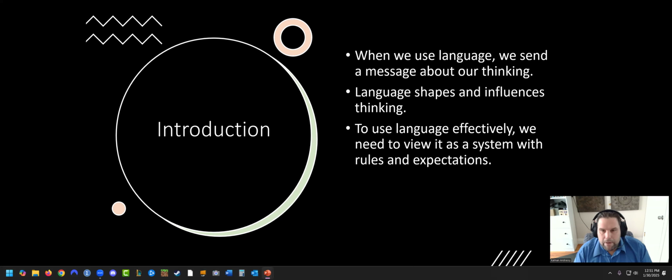And of course, to use language effectively, we need to view it as a system with rules and with expectations, right? You can't just spout out a number of words. It doesn't have meaning unless you follow certain conventions, right? Things like grammatical, syntactical, and other parameters need to be established in order for a language to be meaningful and to be useful.